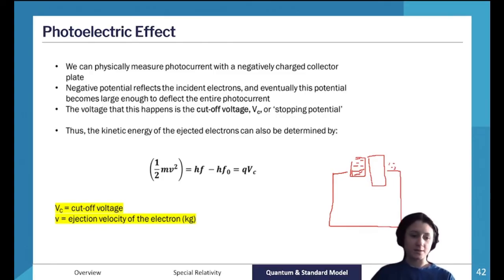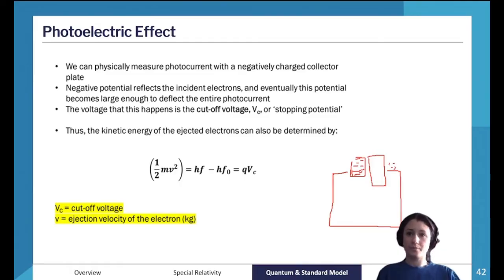Or that is the cutoff voltage. Remember, voltage is like the potential difference around the circuit. So after a certain point, the electrons on the other side will be too much. The negative charge will be too much, and then none of the photocurrent will want to come around.